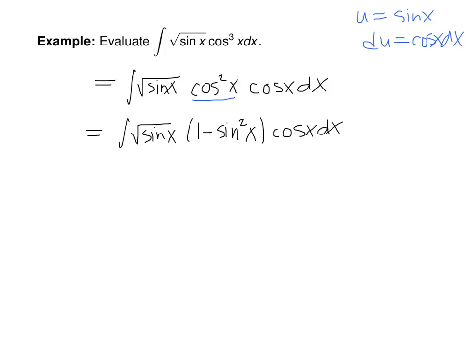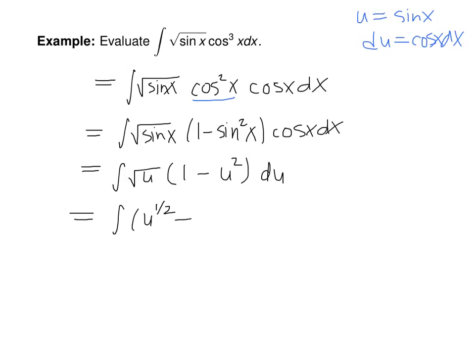So this becomes the integral of root u times 1 minus u squared, du. If I distribute that root u, I end up with u to the 1/2 minus u to the... no, you multiply root u times u squared, the exponents add. 2 plus 1/2 is 5/2.